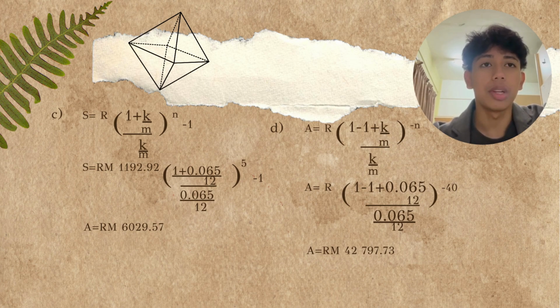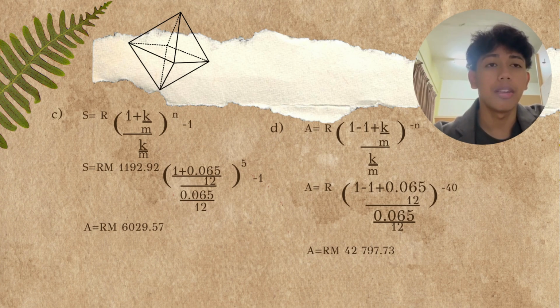And then we will use the formula A equals R times [1 minus (1 plus K over M) to the power of negative N] divided by K over M. 1,192 ringgit 92 cent times [1 minus (1 plus 0.065 over 12) to the power of negative 40] divided by 0.065 over 12, and the answer will be 42,797 ringgit 73 cent. Thank you. That's all for question 4.